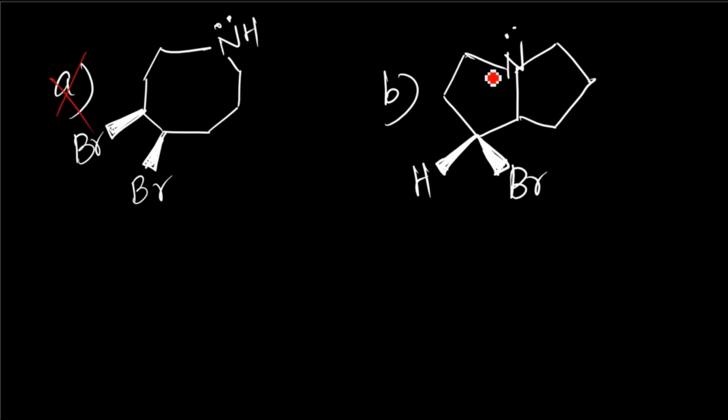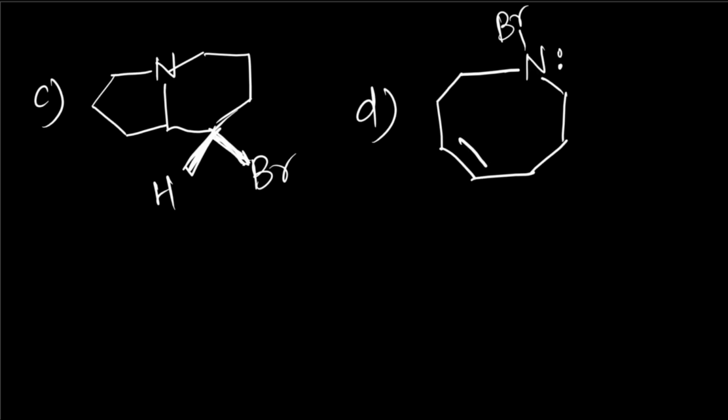And what about this? Here I'm having 1, 2, 3, 4, 5, 6, 7, 8. Okay, this can be our answer. Let's check out the other options as well. 1, 2, 3, 4, 5, 6, 7, 8, 9 is there, so this can't be our answer. Then obviously D can't be our answer.